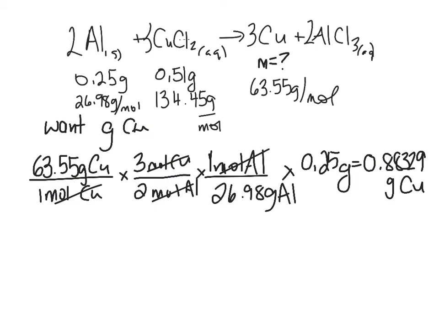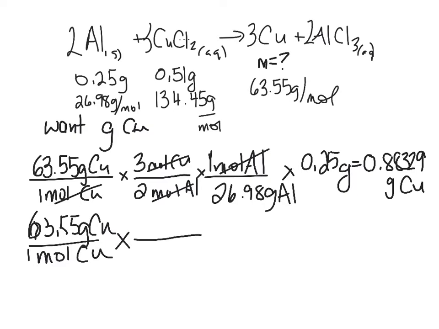We want grams of copper, so we're going to again start with the molar mass of copper because it has grams of copper in it. So we've got moles of copper, got to get rid of moles of copper, so we're going to use our mole ratio.